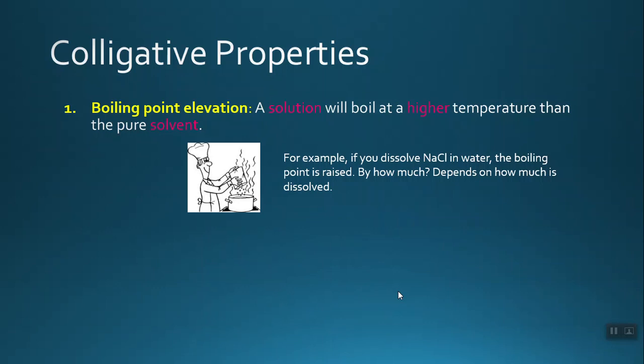But after you add the salt, so technically you have salt water, it raises the boiling point, not by much, but the salt water might boil at 101 degrees or 101.5 degrees. It's hard to say what the new temperature would be because it depends on how much salt is in the water.